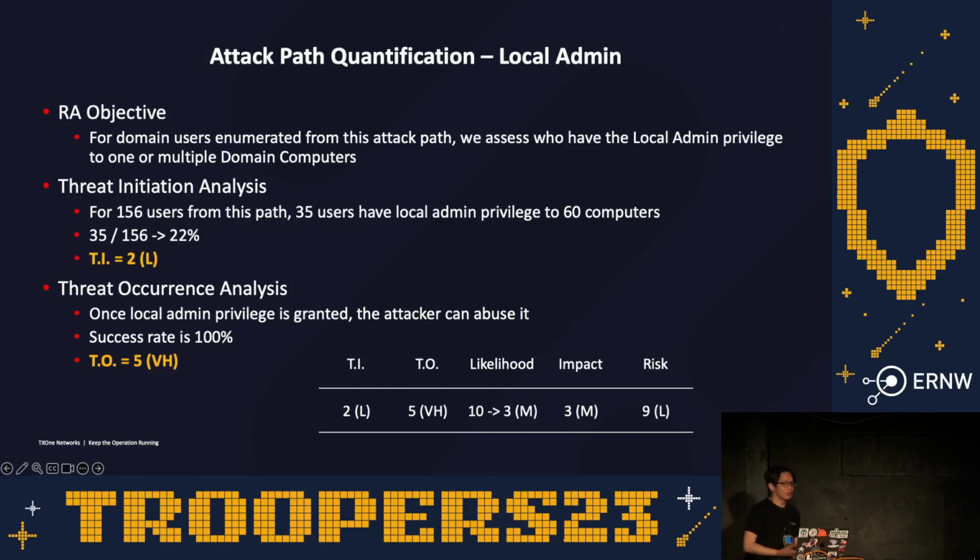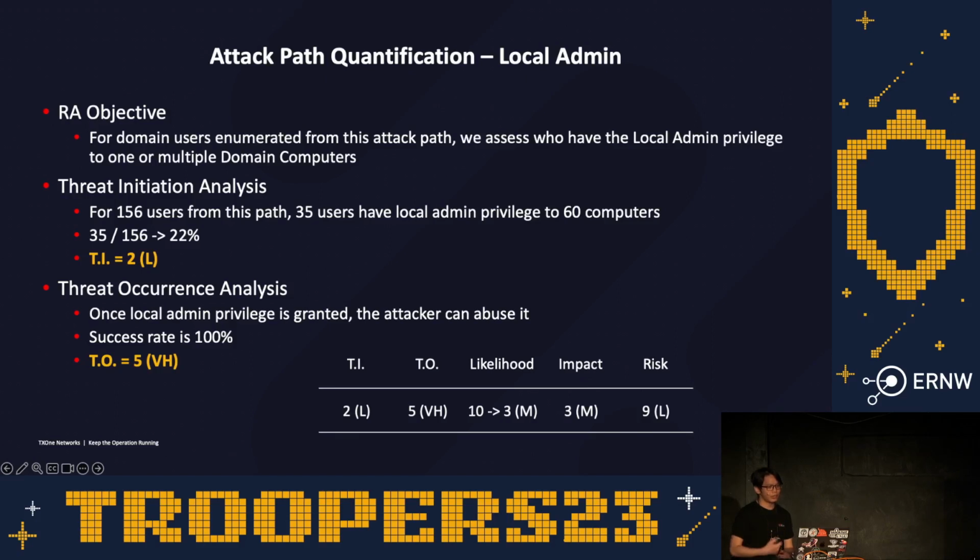So for our threat initiation analysis, previously we saw 156 users, and there are 35 users having local admin privilege to 60 computers. Therefore, we're using these 156 users as a base, and we have a coverage percentage of 22%, with the corresponding threat initiation value of 2.